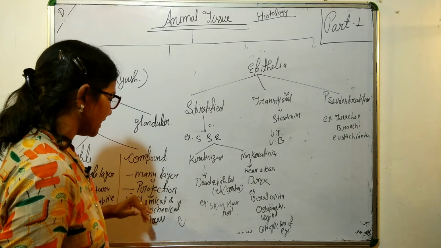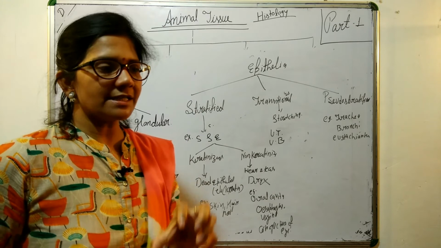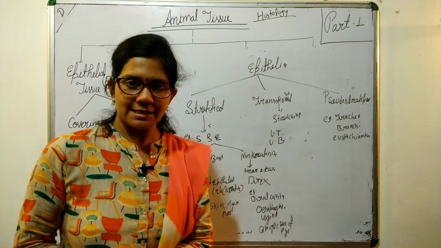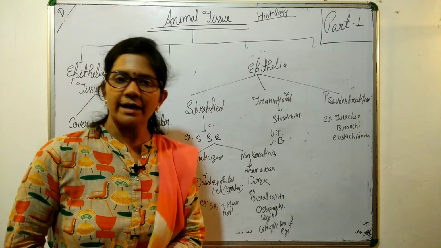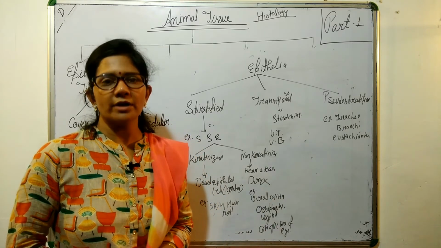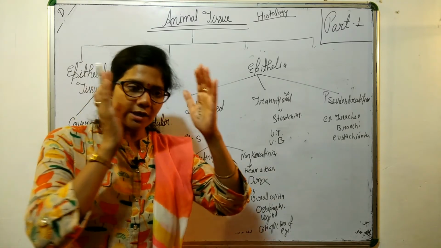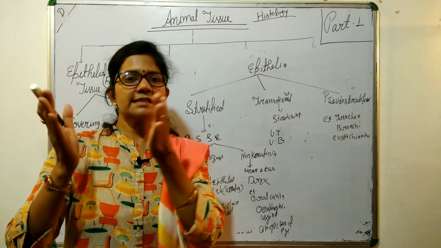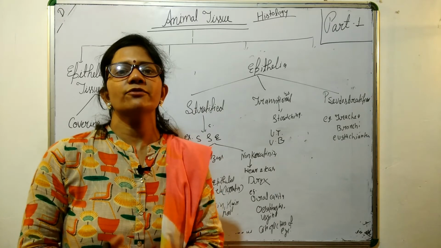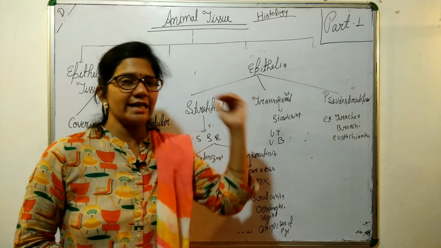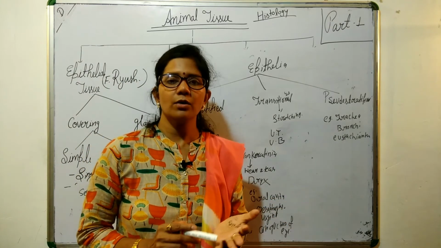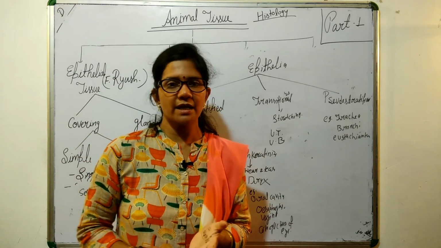It is of many layers, and if the cell is exposed to so much chemical and mechanical stress, it is protected by the compound epithelial tissues. So compound epithelial tissue is meant for protection, and simple epithelial tissue is meant for secretion, absorption and excretion, as we have seen in the cuboidal and columnar.